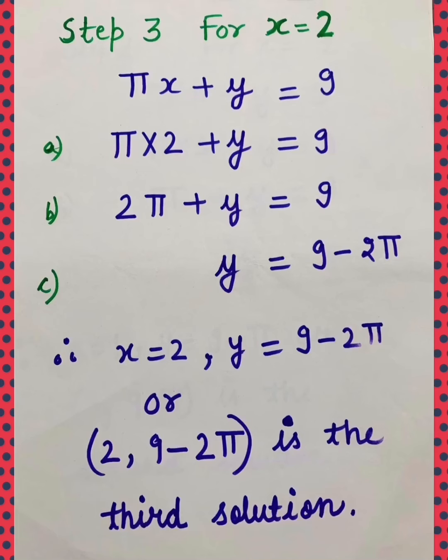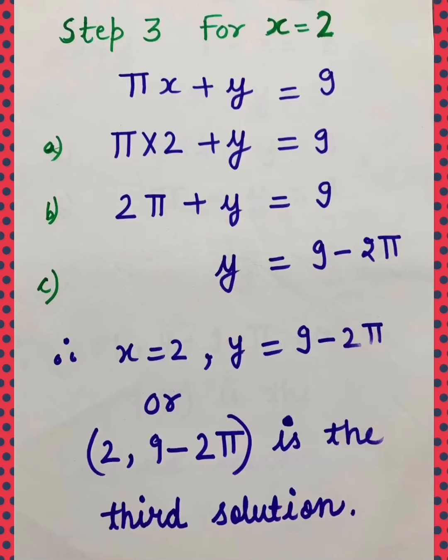In step C, I have to find the value of y. So 2 pi will be shifted to the right hand side and will be converted into minus 2 pi. So I would write the statement x equal to 2, y is equal to 9 minus 2 pi, or (2, 9 minus 2 pi) is the third solution of the given equation.